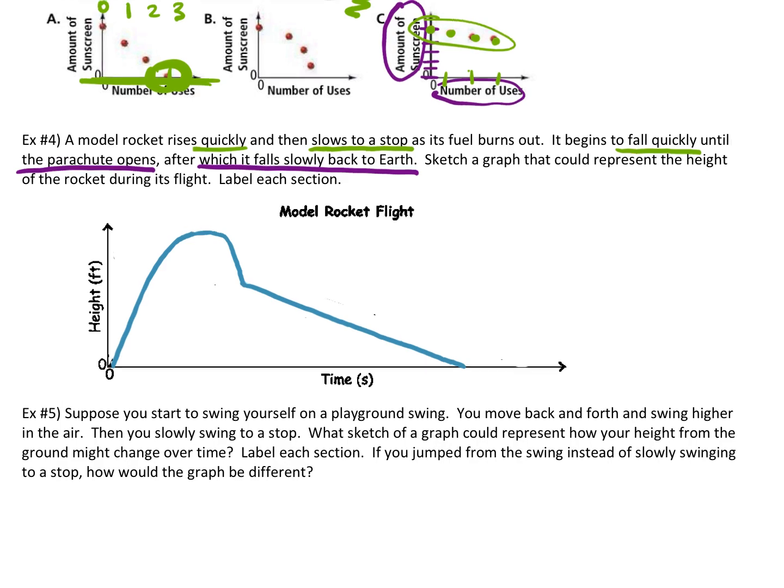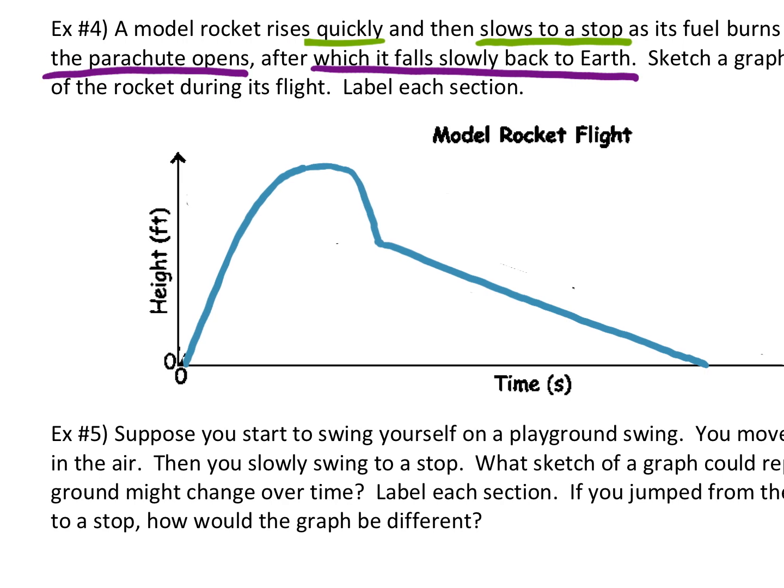When you do something like this, though, I want you to label your parts, because that's how I know what you're representing something as. So I would say here is where it rises quickly. Up here is where it's going to stop, because then it's got to change direction. Here's where it's going to fall quickly. Okay, this is where the parachute opens.